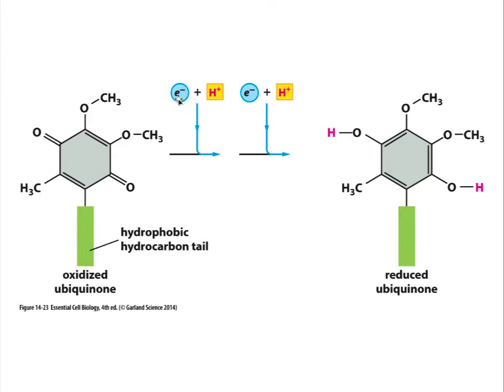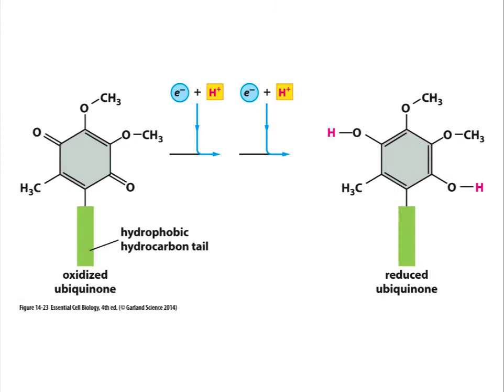And you can see electrons and protons, 2 of each, are handled by this ring structure. So when you combine an electron with a proton, you end up with a hydrogen. When you combine a second electron with a proton, you end up with a second hydrogen. So the ring structure here can accommodate 2 hydrogens as cargoes as it shuttles back and forth amongst the various proteins.